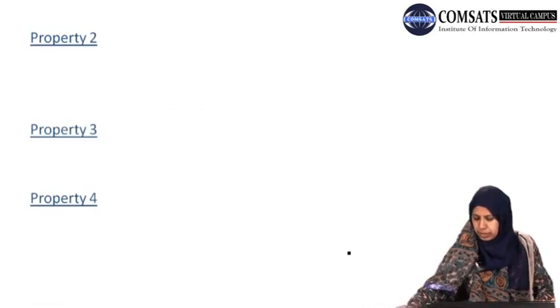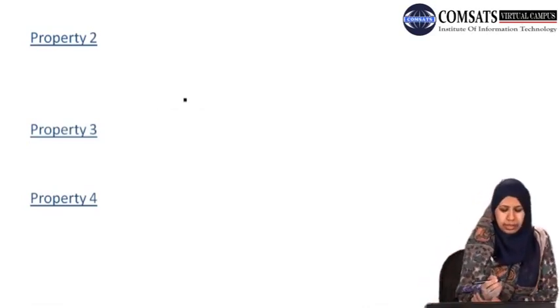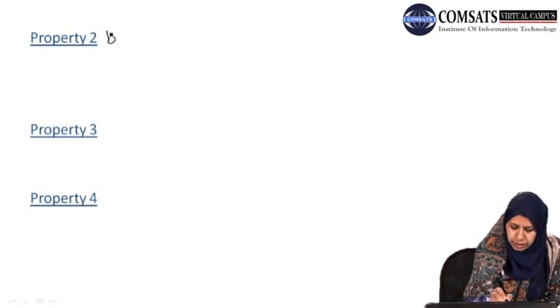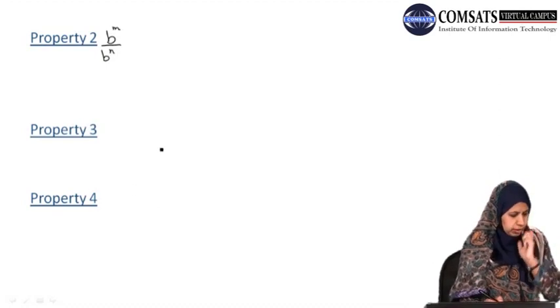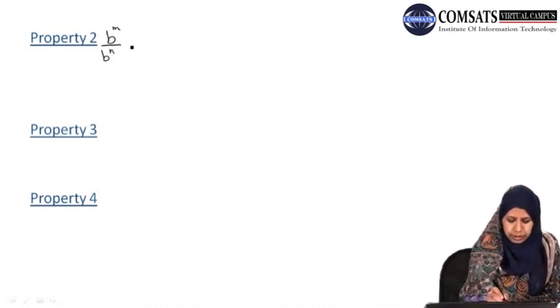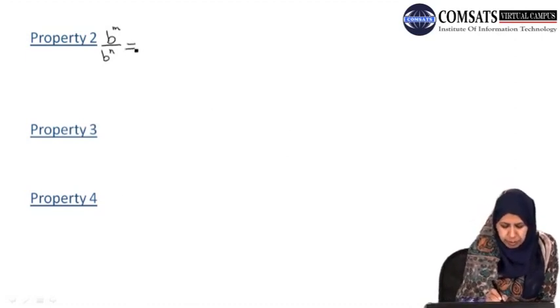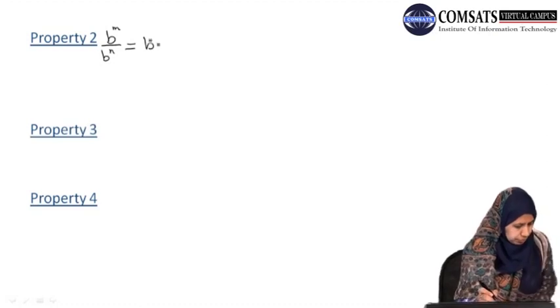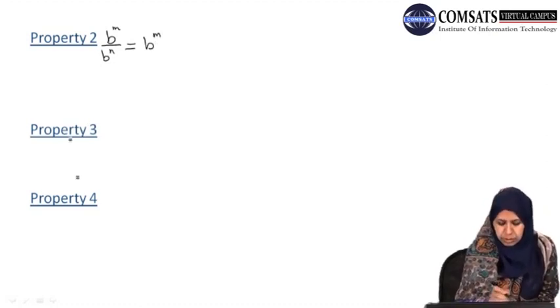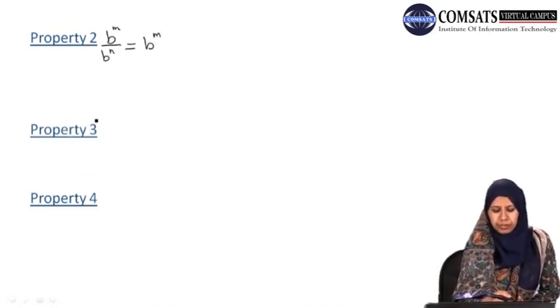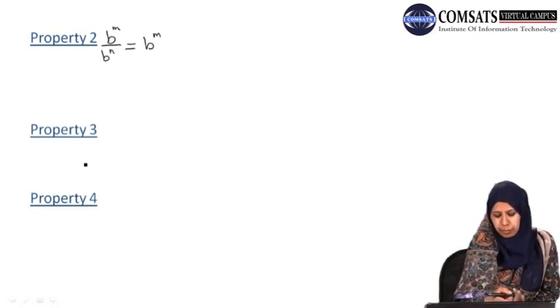Our second property is that when we take the ratio, that is b to the power m divided by b to the power n, with the condition that b should be different from 0. First we simplify it. Again, what we want to do, we have the same base with different powers, and now in the ratio form.